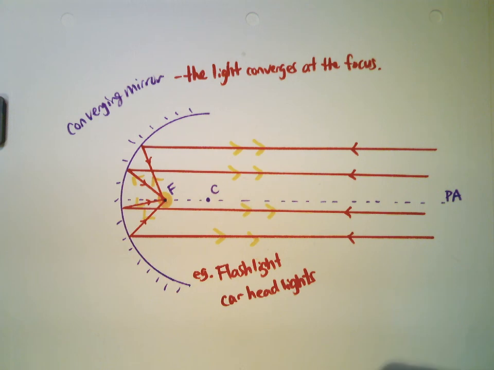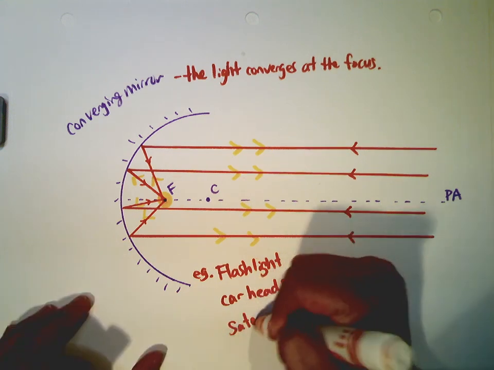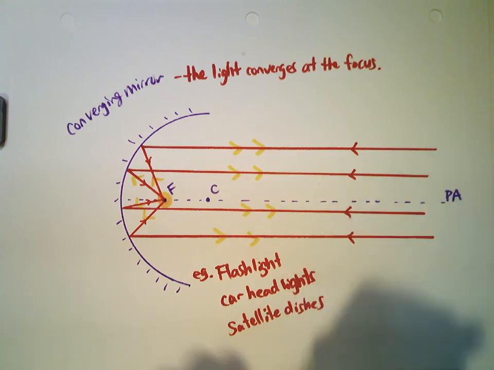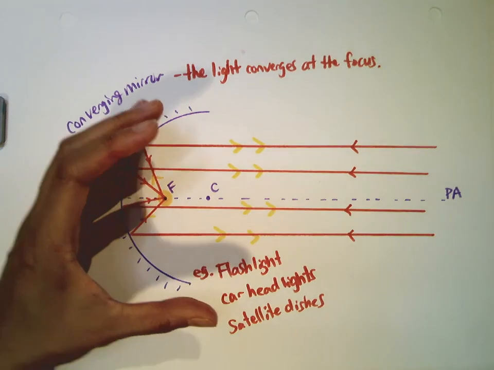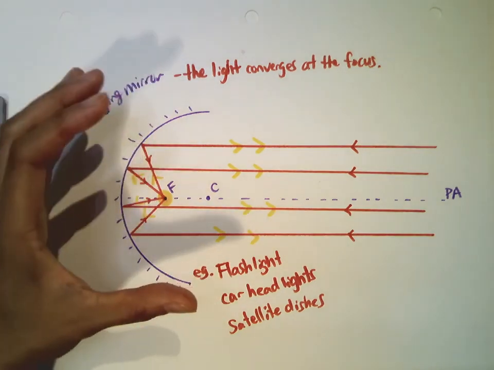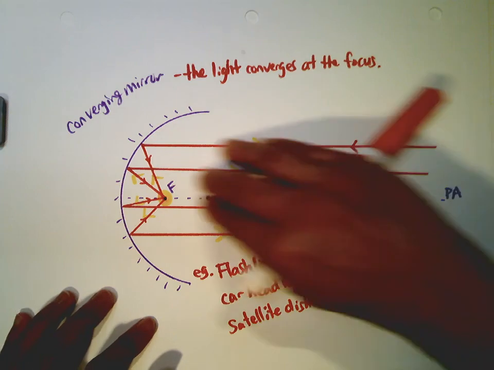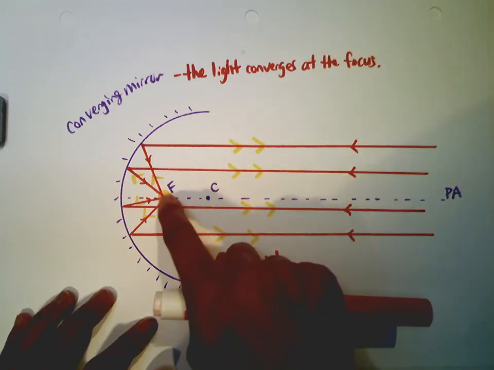Another example too is satellite dishes. All right, so satellite dishes. You'll notice satellite dishes are all spherical like this, and what they do is they point their dish to the sky, and they collect the radio waves or the light waves, and typically there's a little nubby.